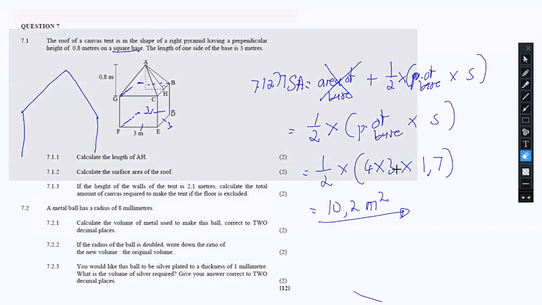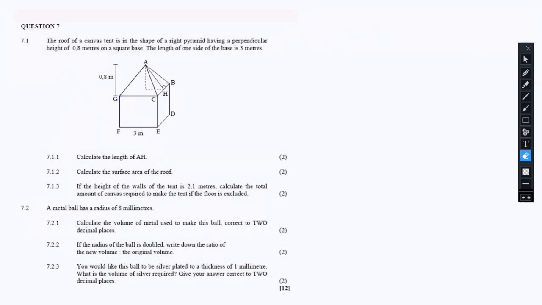Okay, then 7.1.3, they are now saying if the height of the walls of the tent is 2.1 meters, calculate the total amount of canvas required to make the tent if the floor is excluded. Once again, we know that the tent will only go over the sides and then over there to the roof, right? But you never see a tent that has a floor there.